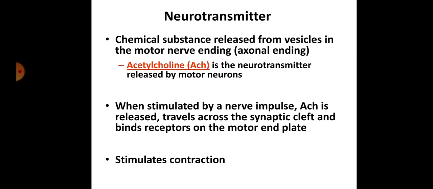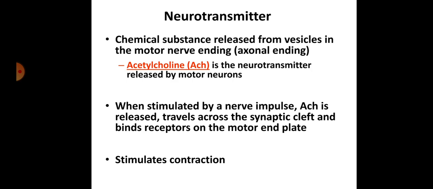What is a neurotransmitter? A neurotransmitter is a chemical substance released from vesicles in the motor nerve ending, that is, the axonal ending. The main neurotransmitter is acetylcholine, which is also depicted as ACh.